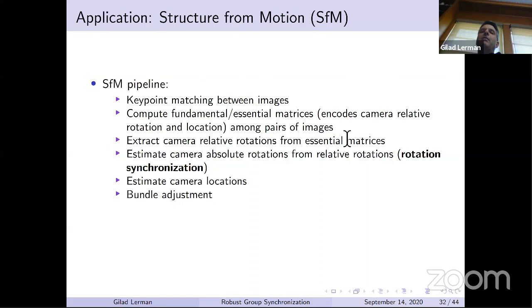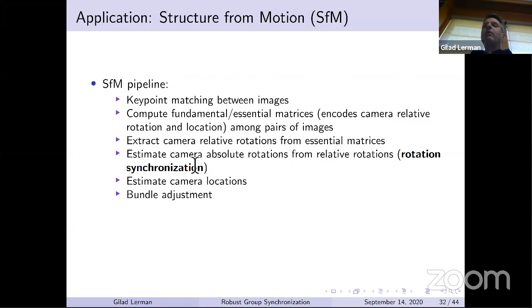There is a very well-known pipeline to solve this problem, and it has a lot of steps. Here we only care about one of the steps, which is estimating camera absolute rotations from relative rotations, which is just the rotation synchronization problem, or SO(3) synchronization.